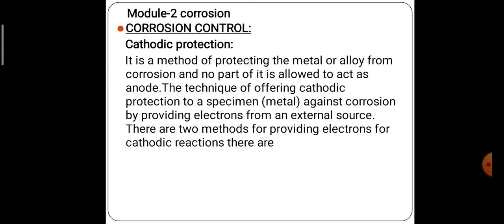Cathodic protection is nothing but changing the characteristics of the metal. Means in this method we have to convert the anode material into cathode. Once we convert the anode material into cathode, the cathode is always accepting the electron. That is why corrosion does not take place on the surface of the cathode material.